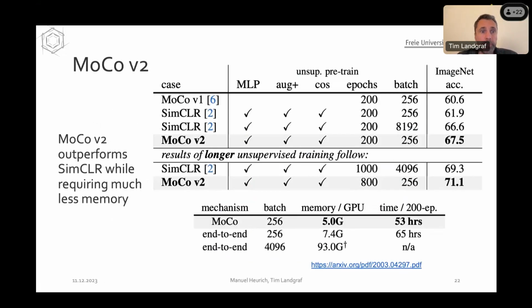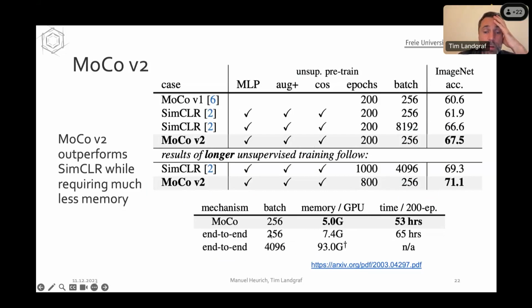Okay, MoCo v2 outperforms SimCLR clearly, but requires much less memory. MoCo has a batch of 256, which leads to a much smaller memory footprint, even compared to SimCLR with the same batch size.